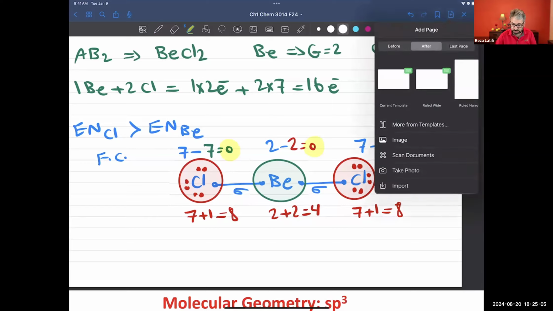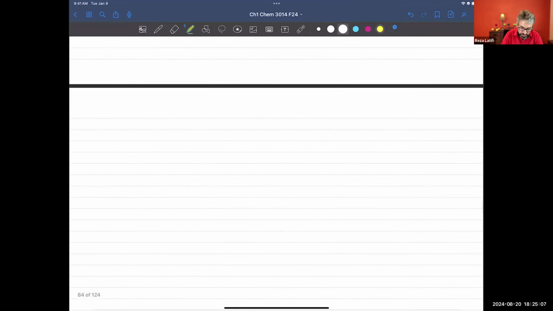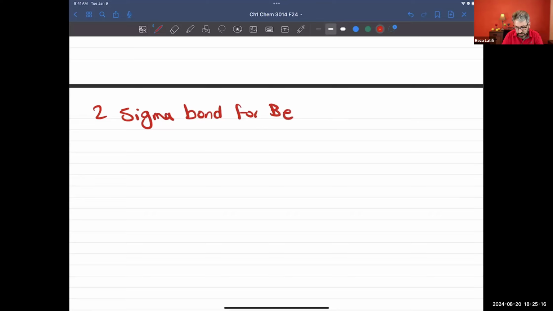Now let's go after hybridization. We have 2 sigma bonds for Be. How about lone pair? Sigma plus lone pair. Do I have lone pair on Be? No, I don't have. Only the central atom.